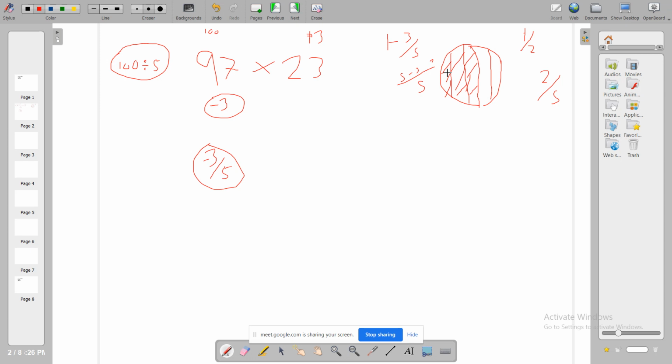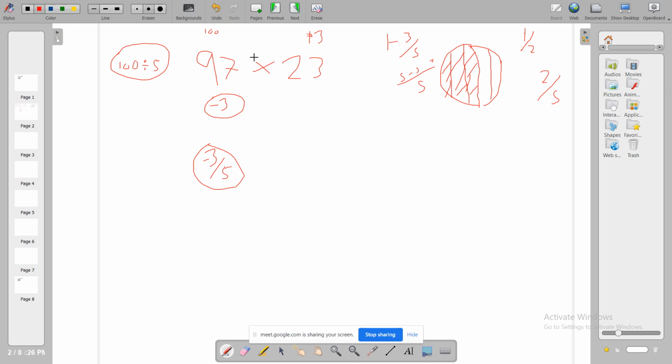Okay, so now that you are okay with that, it means that this one that we have done, we are going to multiply by 23. When you want to multiply by 23, because here is 20, you take 1 out of the 23, and what will be left is 22, right?